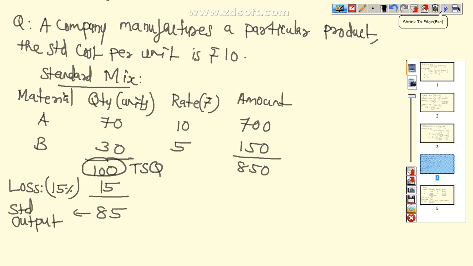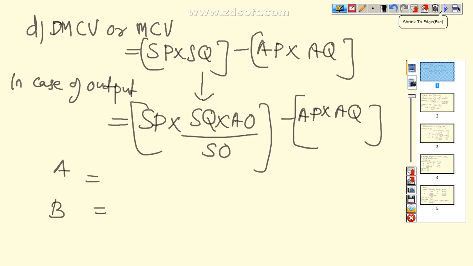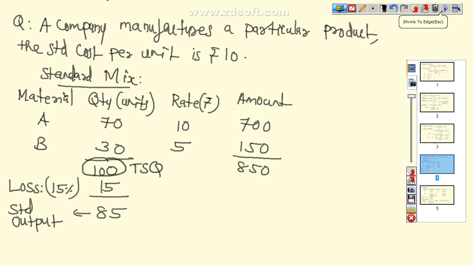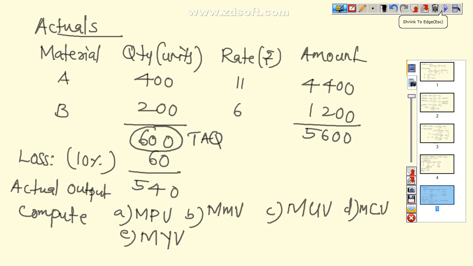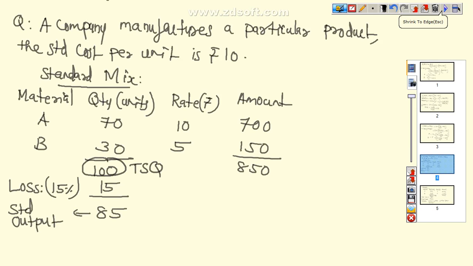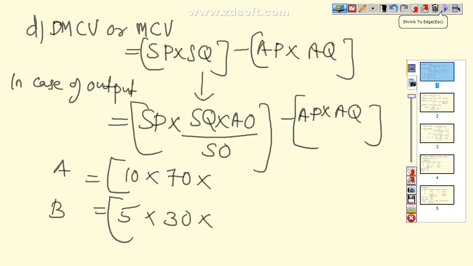Standard price is given in the question, 10 and 5. So here we put the value, that is equal to 10 and 5 multiplied by standard quantity, also given, 70 and 30. So here we write 70, 30 multiplied by actual output 540 and standard output 85. So here we put 540 upon 85.